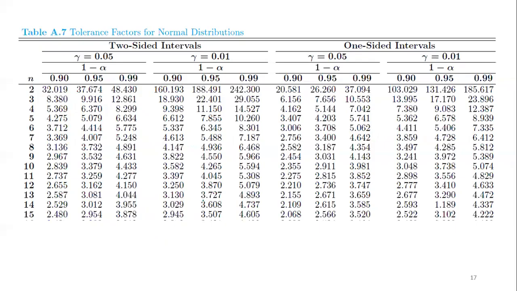So if you want to be, for example, with gamma of 0.05, 95% sure that your interval covers 90% of the population, and you take a sample with n equal to 10 items, then this is the k that you should use.